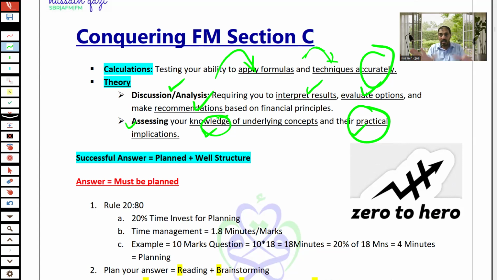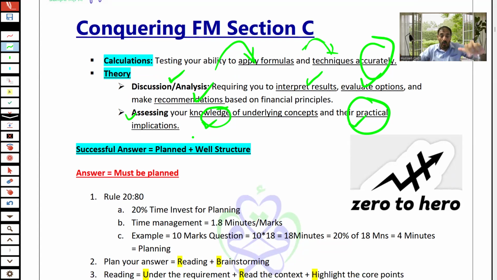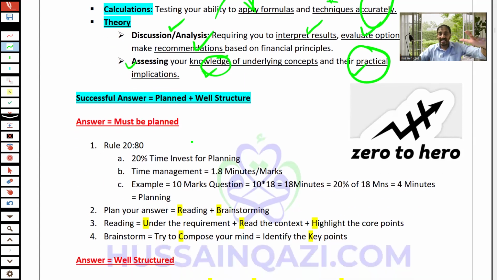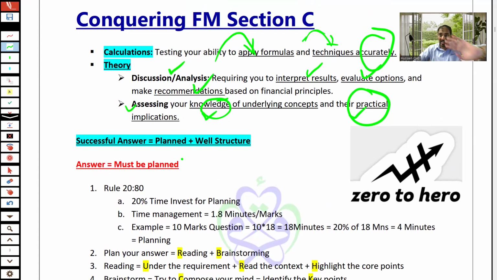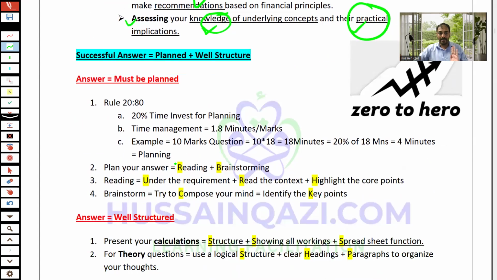So the first thing is that you are very clear what exam you will face. Once you realize this is the calculation and this is the theory I will face during the exam, how do I become a hero in attempting these questions?